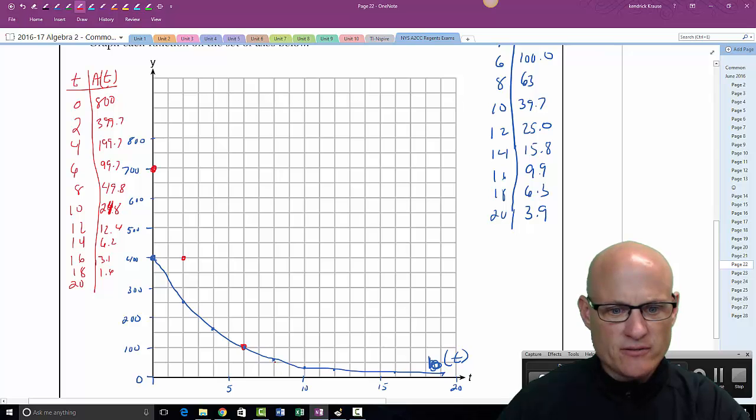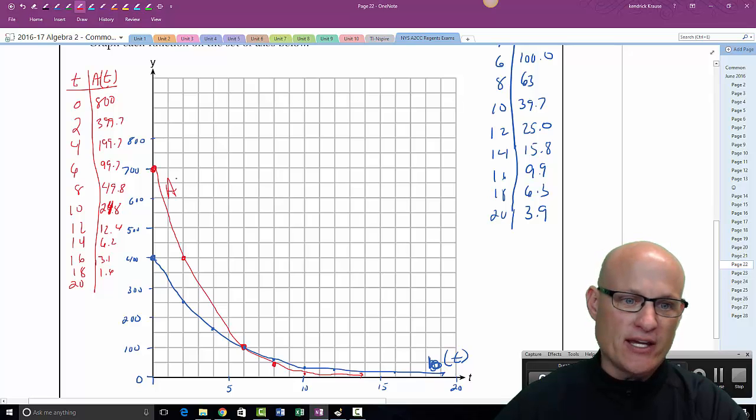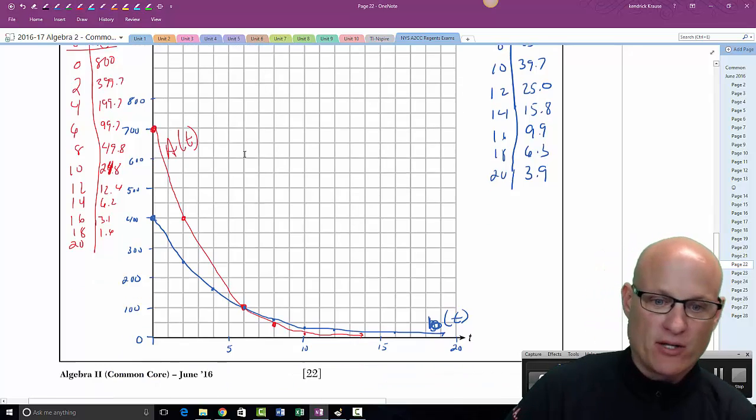Eight is 50. 9 is 25. And you see now they cross over and you graph it. It didn't say where to end or where you had to graph to, just as long as you do that asymptote. And so we say this is A of t. You had to label one of them, by the way.